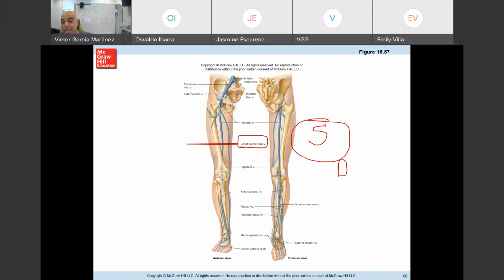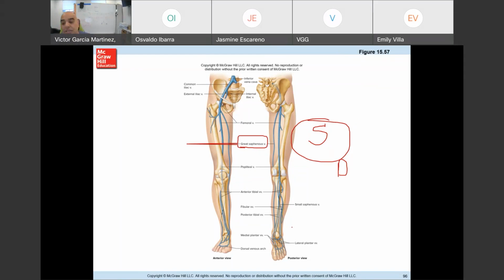This is the vein that we use in order to access our veins in our lower limb. This is the vein that we use in order to treat some problems in our legs. This is the vein we use in order to get access into our heart. All of these are important veins, but the great saphenous vein is the superficial one, and it's the longest vein we have in our body.